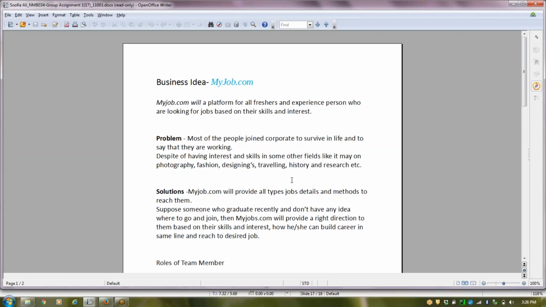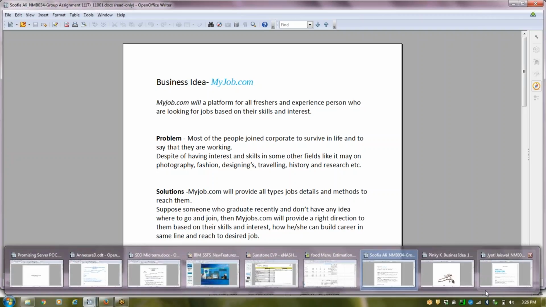So basically, most of the people join corporate to survive in life and to say that they are working. So myjob.com will be a platform for all freshers and experienced person who are looking for jobs based on their skills and interest. So I have gone through the submissions done by Sophia, Pinky and Jyoti.